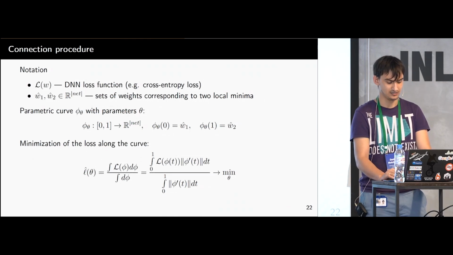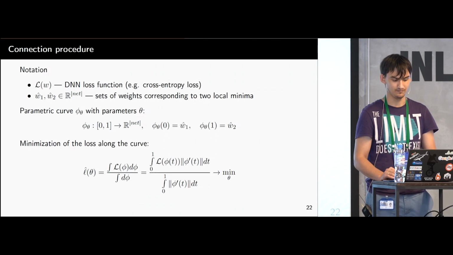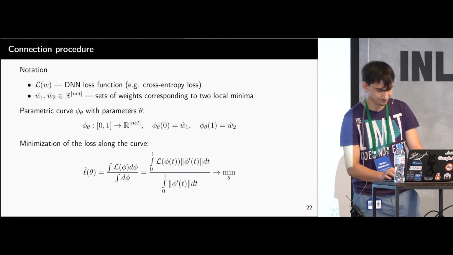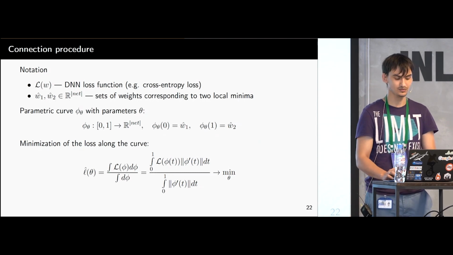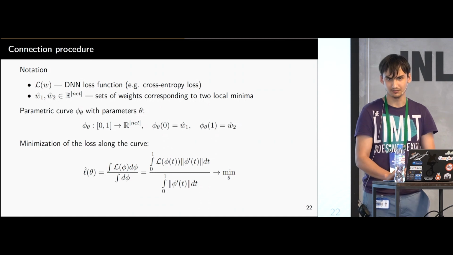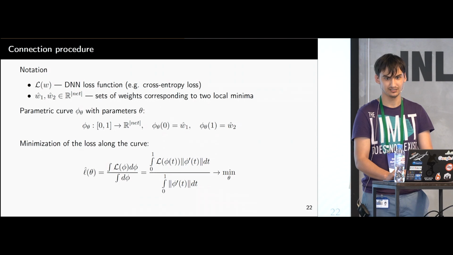So how does this connection procedure work? You have your loss function, for example, cross entropy loss, and you have these 2 snapshots, W1 and W2, that are already trained and fixed. There are 2 separate local optima.